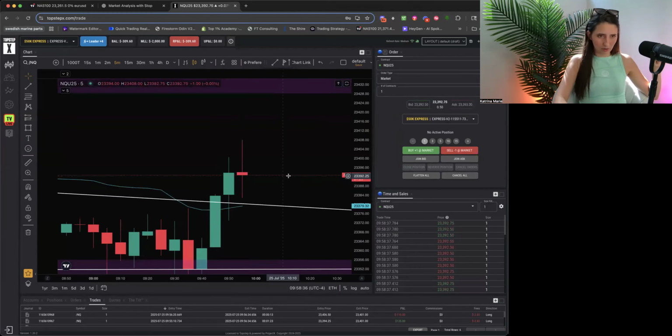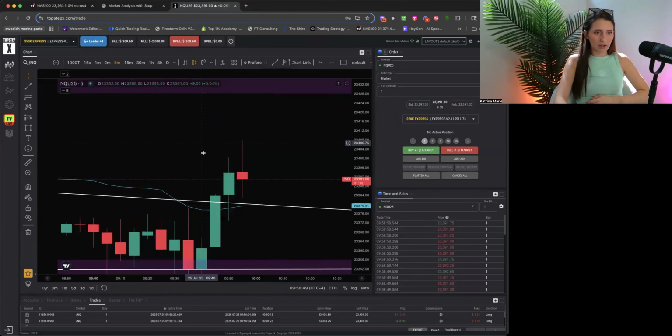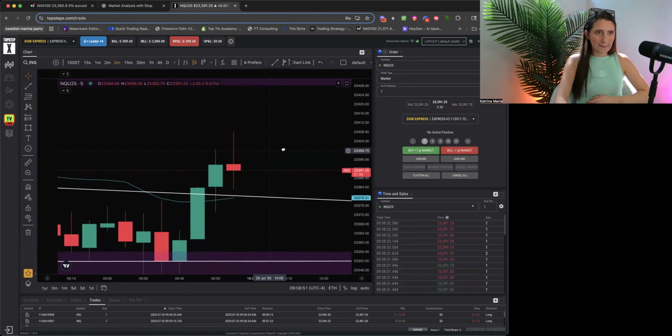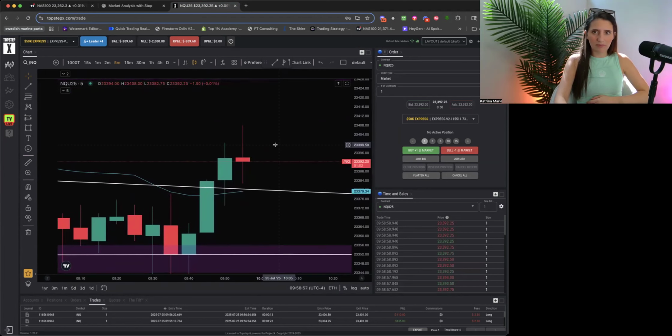They're either a little bit earlier or a little bit later. Not sure why, because they look identical, but I've just been using NAS 100 Pepperstone, like I always tell you, and I go trade on Top Step. Yeah, it's strange that it's different like that.